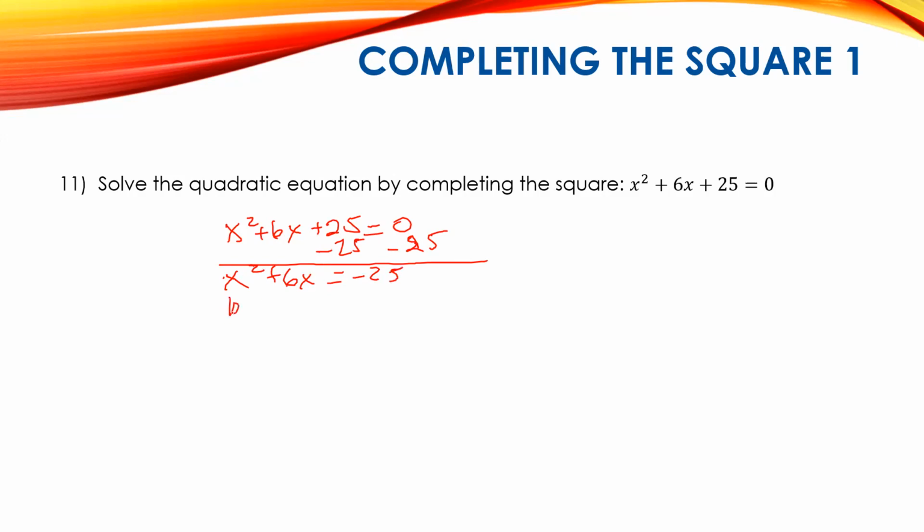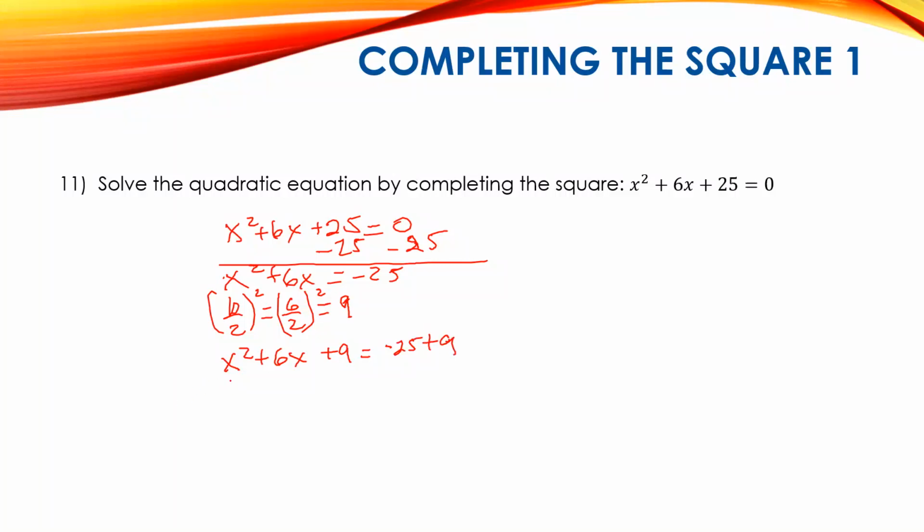Looking for b over 2 squared, which is 6 over 2 squared, and that is 9. And we have x squared plus 6x plus 9 equals negative 25 plus 9.